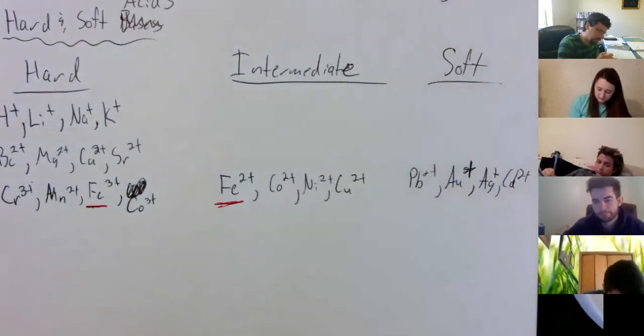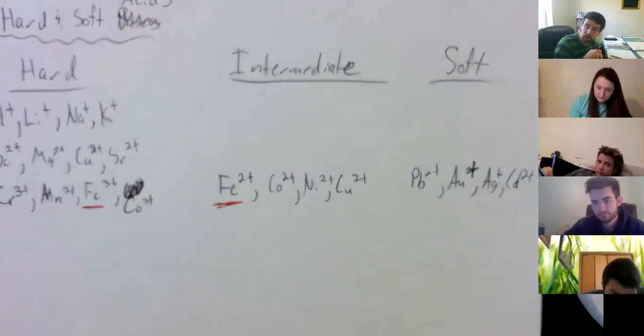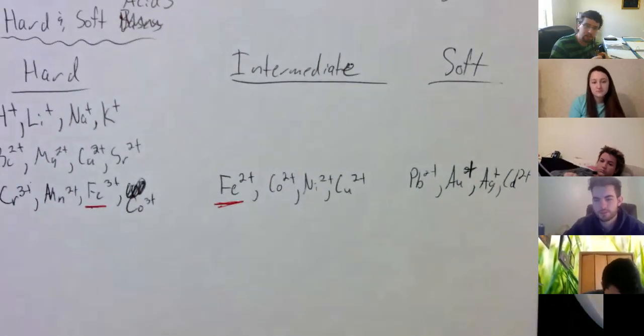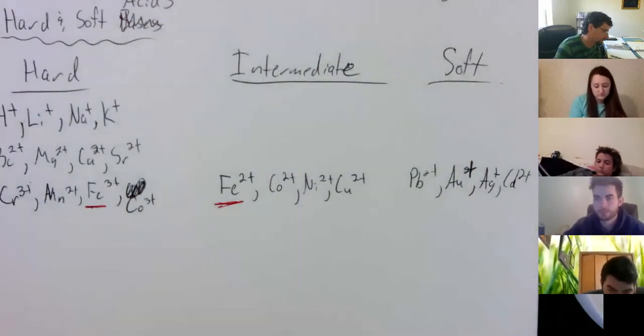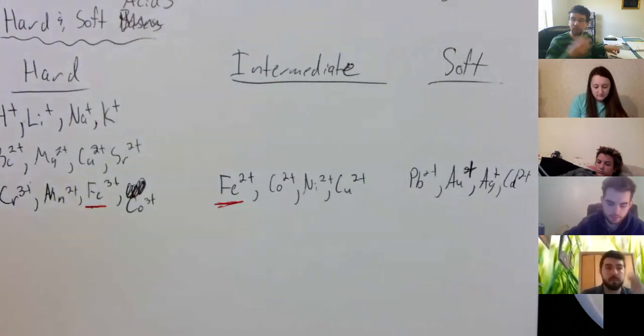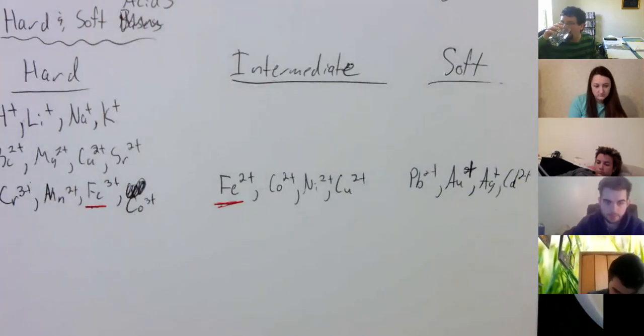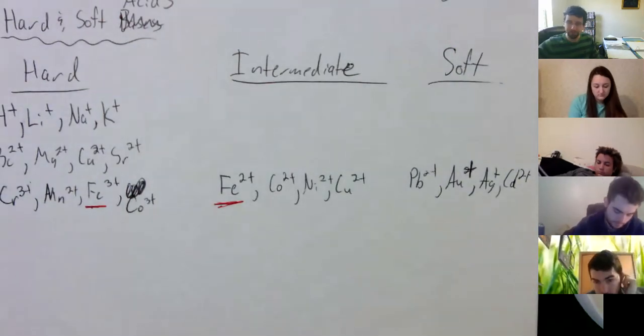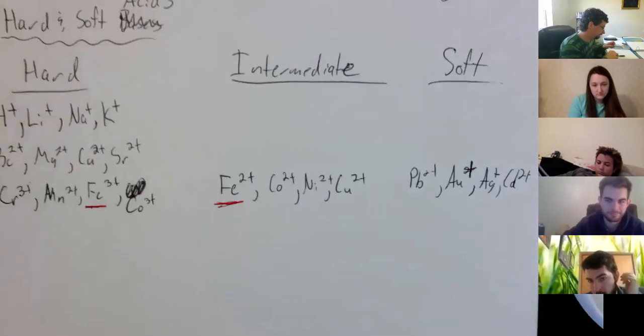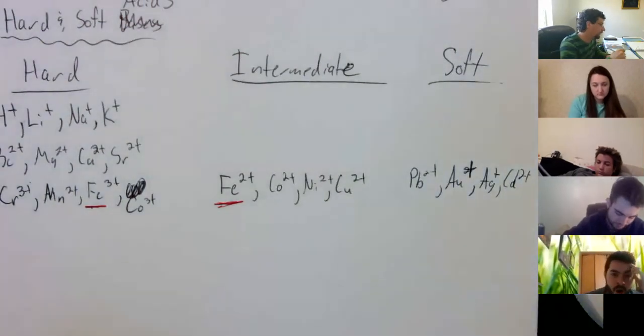John, what were you going to say? It's giving up electrons more and more, so the atomic charge is pulling everything in closer. Yep, exactly. And what happens to its polarizability? It would decrease as you pull more electrons away. Exactly, so it becomes harder.